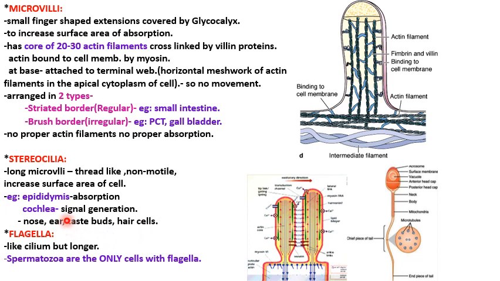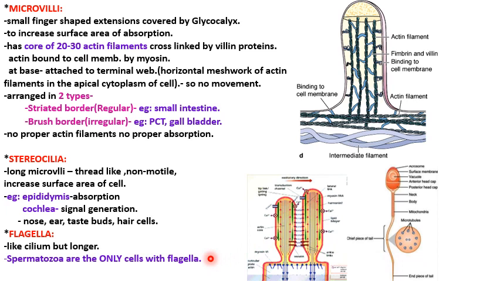And then coming to the flagella, this long tail-like structure is the flagellum. It is like a cilium but much longer. It has the configuration just like the middle part of the cilium, where there is a pair of microtubules in the center and 9 microtubule pairs on the periphery.